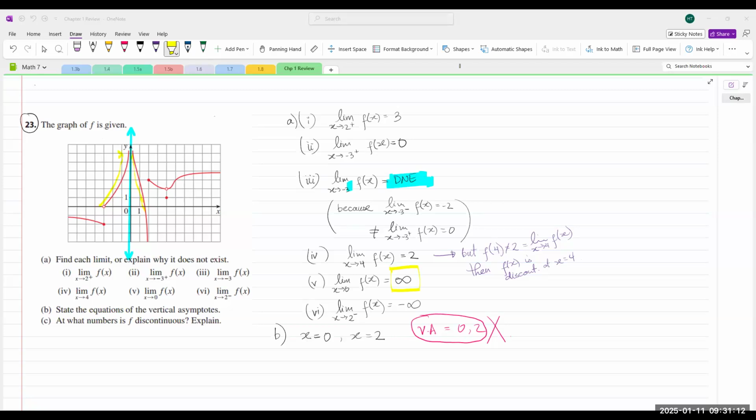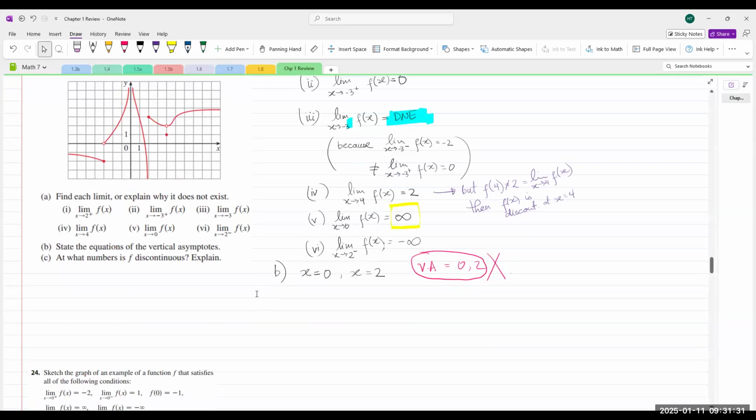So the concept of limit never looks at the value of the function right at that point. Never, never. The concept of limit is you approach that but not equal to. So that's for this part A.